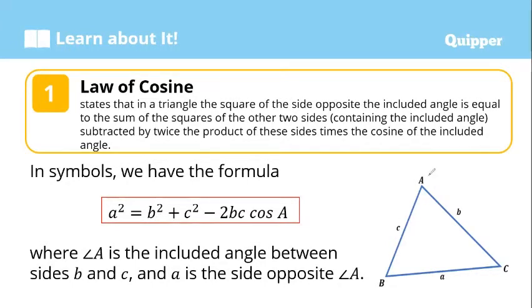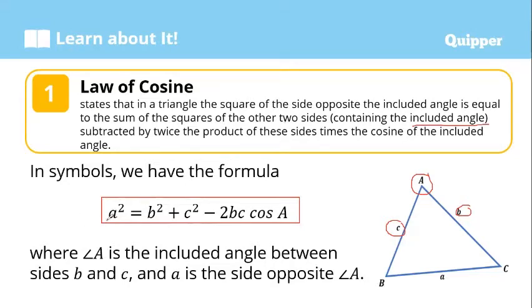As you can see, A is the included angle between sides B and C. Okay, so that's part of the definition. So we have the sum of the squares of the other two sides.